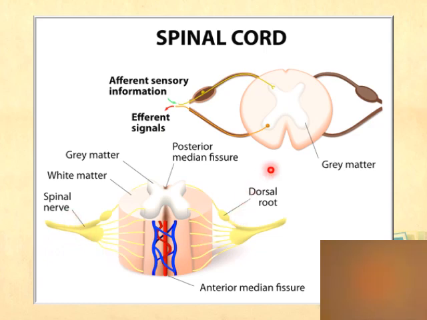And here is another diagram: gray matter, white matter, dorsal root. This is the spinal ganglion. Here is the ventral root. What I want you to know here is that once we are subjected to a stimulus, our body receives a sensory message due to the stimulus.